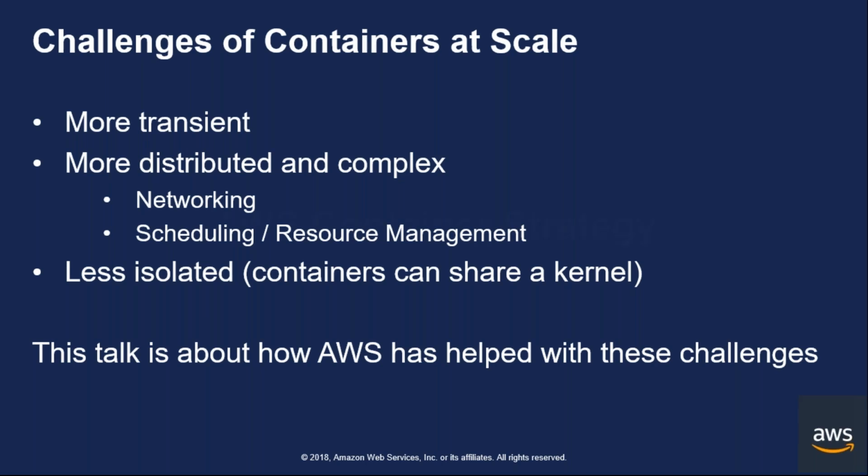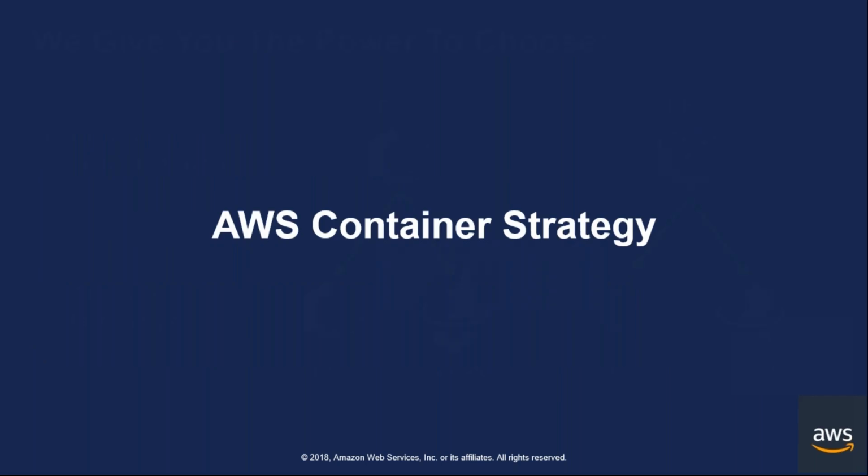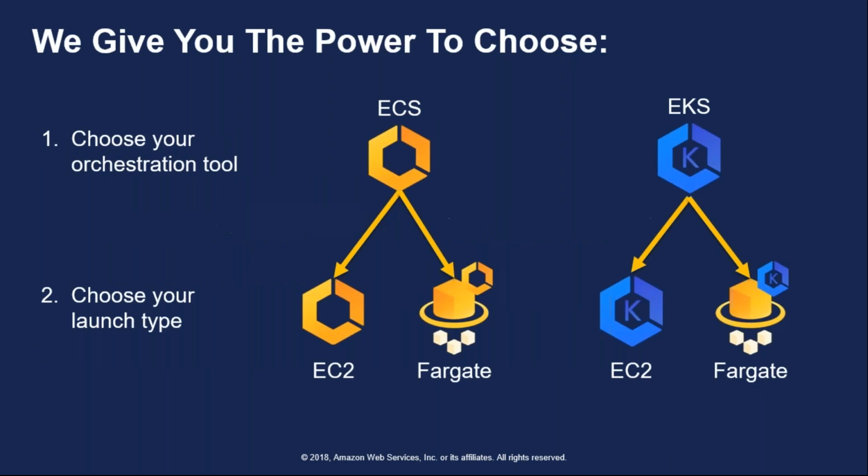This talk is about how AWS has helped with these challenges. I'll go a little bit into the AWS container strategy. Right now, you have two great orchestration tools from AWS. One is ECS and one is EKS. Both of them come with two deployment mechanisms. You can let the user bring their own EC2 instances and host their containers on those EC2 instances, or you can manage the EC2 instances for them.